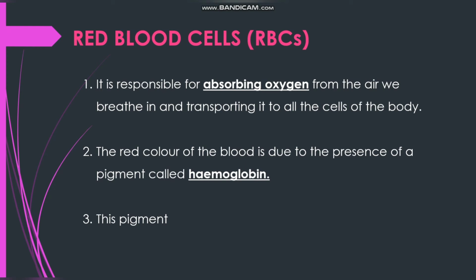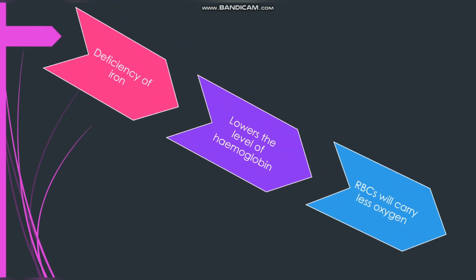This pigment contains iron, and iron is an essential nutrient or mineral. It is required in small quantity, but it plays a vital role in our body. If there is deficiency of iron, then it lowers the levels of hemoglobin.